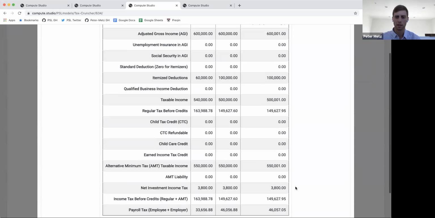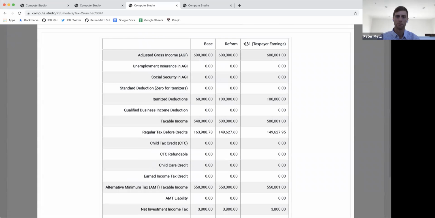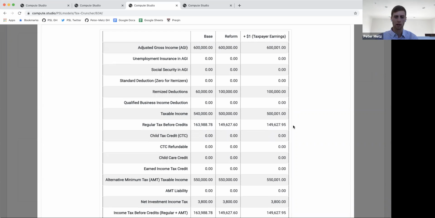The other thing here, if you want to go ahead and do math, you can actually calculate what the marginal tax rates are going to be like this. In this third column, this recalculates the liabilities for a taxpayer with $1 extra. The reason that we do this is because we can see how much their taxes would increase with $1 extra.